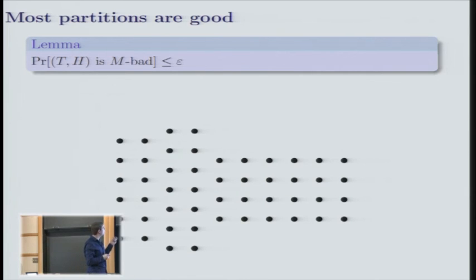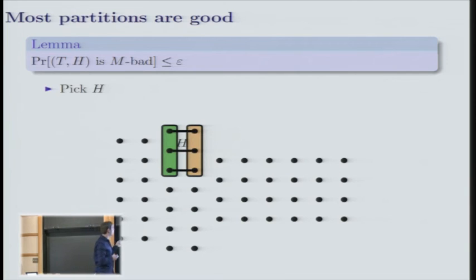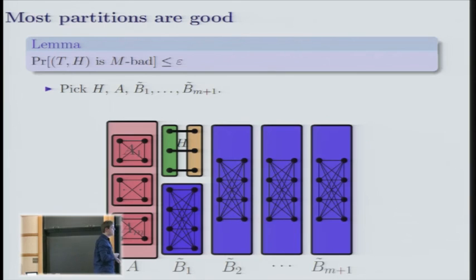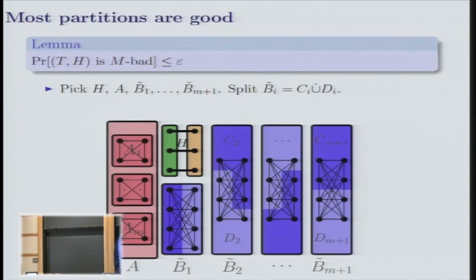So what I allow you to fix as an adversary are the following things. You can fix the three edges. You can fix all the blocks in the A part, and you can already fix essentially the blocks B, but let's say you can also fix how you would cut those blocks into half.